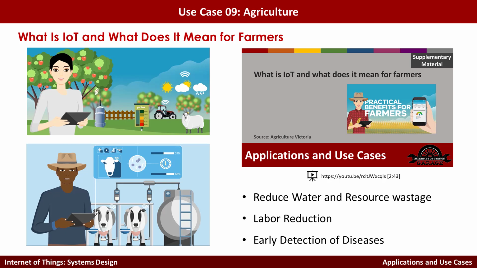The agricultural domain uses sensors to reduce water and reduce any wastage, to reduce labor, and also to detect any diseases earlier in order to take actions to avoid them. I would like you to stop the video and go and watch the scenario that we have presented here.